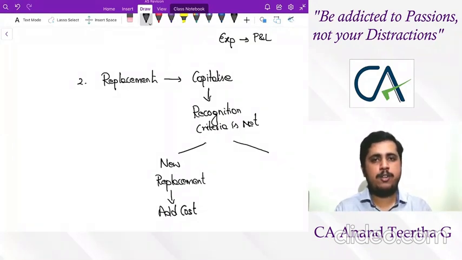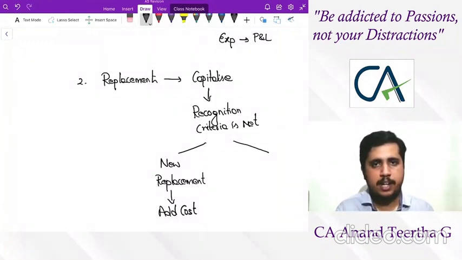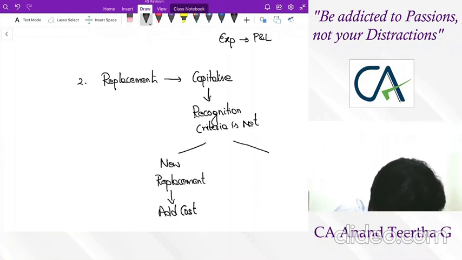One replacement of 10 lakh is done. A small part, 10 lakh is the cost of it. So what can be done? The new cost you have incurred for that particular part, you add that cost to your main asset. And what about that old part? The old part should be derecognized.